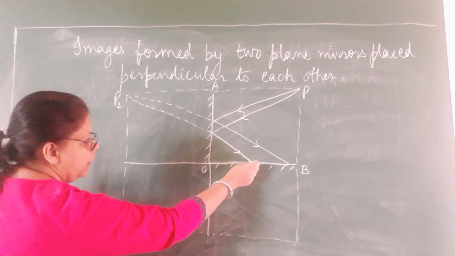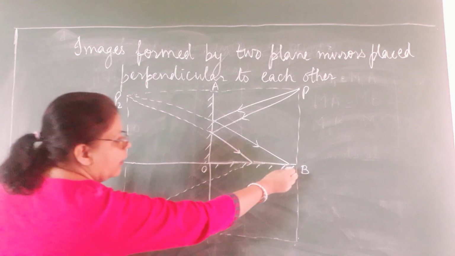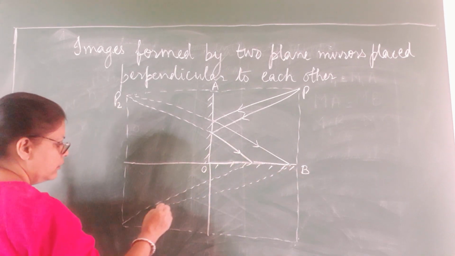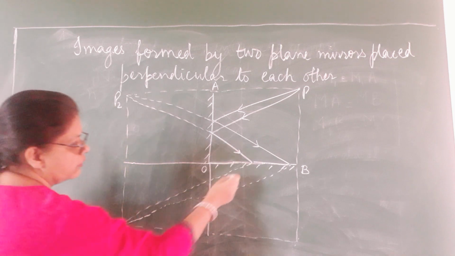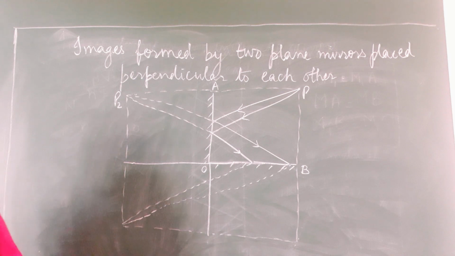Now where will they meet children? They are going to meet here children in this corner. Be very careful, use your scale properly to draw proper lines children. Okay, this is the next image which you can take as P3.